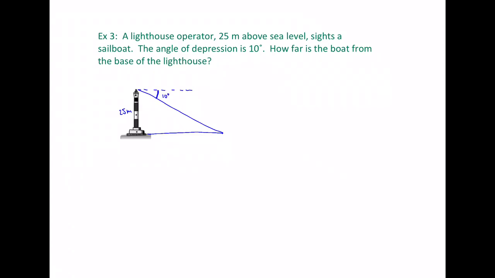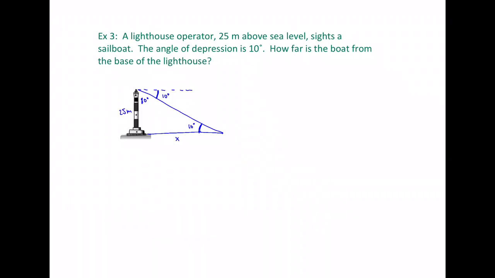How far is the boat from the base of the lighthouse? Here's the base. How far is the boat? Well, this angle of depression is 10 degrees. Since it's a right angle, that's 80, or the angle of elevation from the sailboat up to the lighthouse is also 10 degrees. So either one of those is fine to indicate.